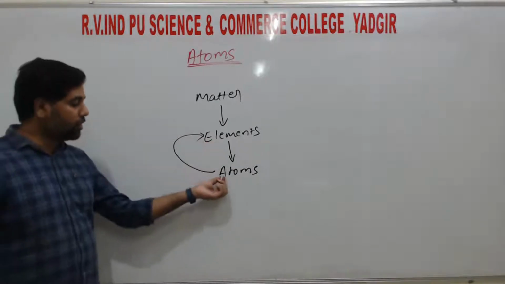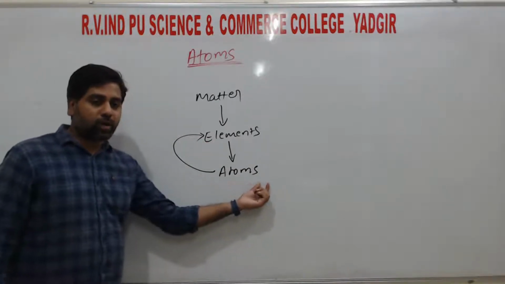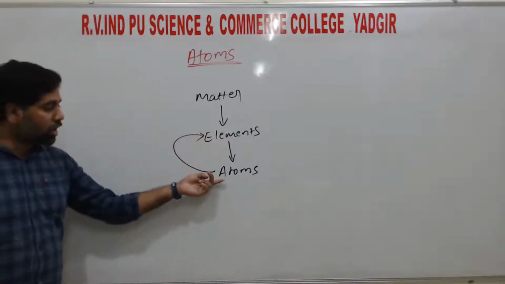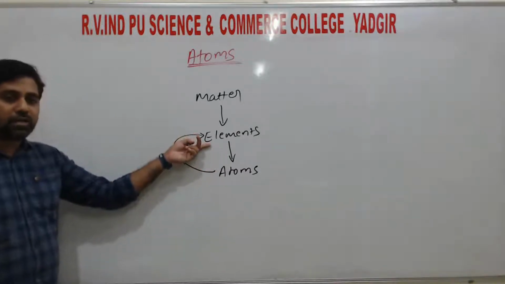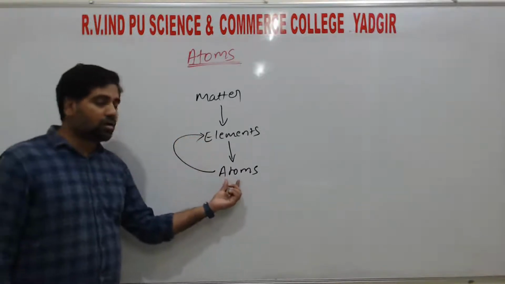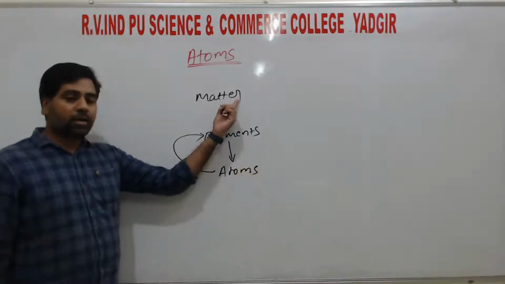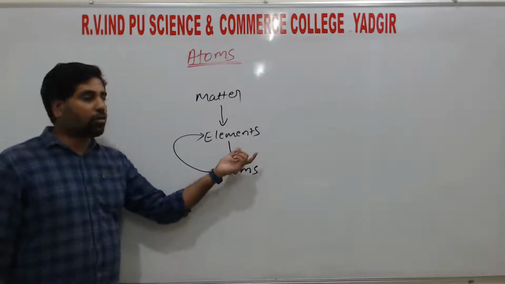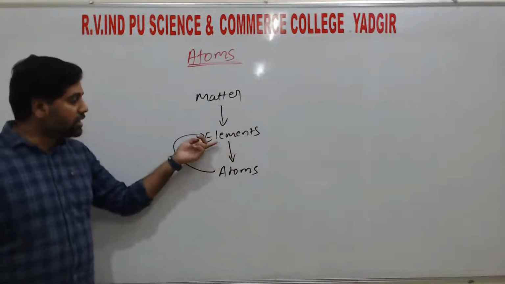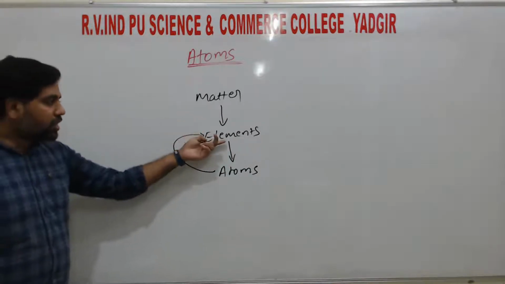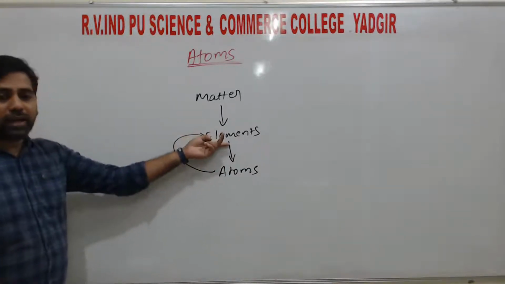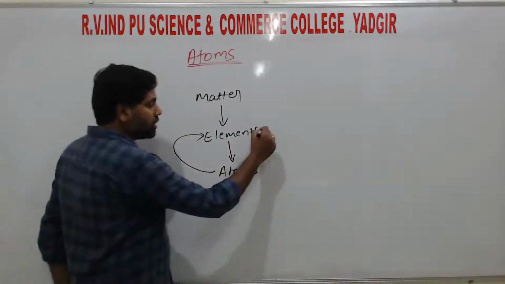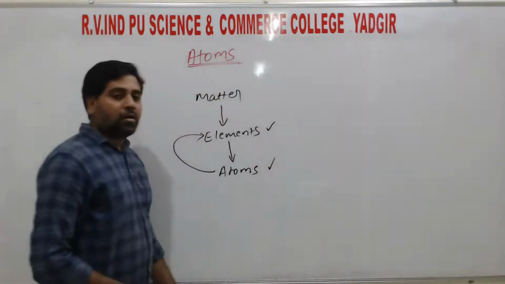If we further divide the atoms into smaller particles, those particles will not exhibit the characteristics of the elements. So only atoms will exhibit the same characteristics of the elements, right? Hence atoms are the basic units of matter. If we define atom, it is the basic unit of matter and it defines the characteristics of the elements, because elements have the same properties as the atoms.